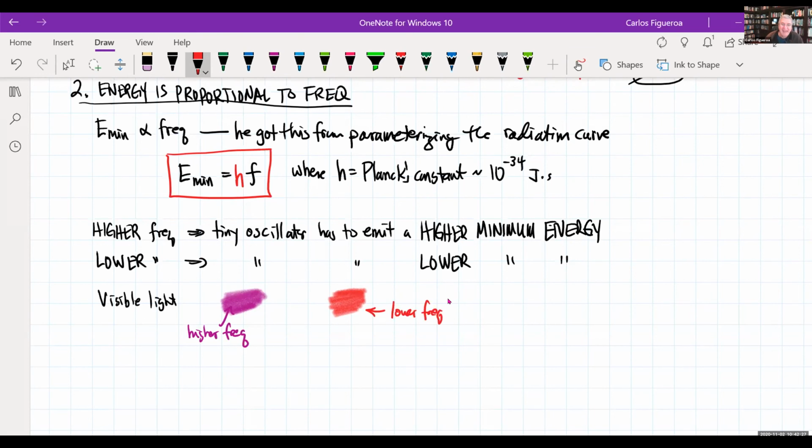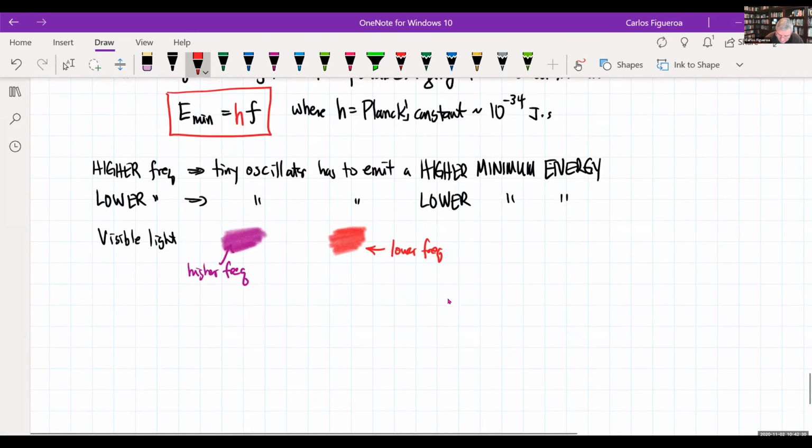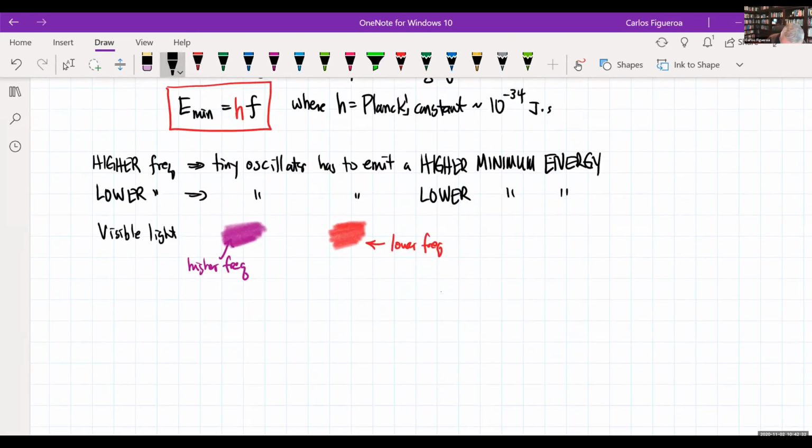So if I have a higher frequency atom, let's say I color it in violet, when this thing oscillates and emits a lump of energy, this little lump must be at a higher minimum energy.